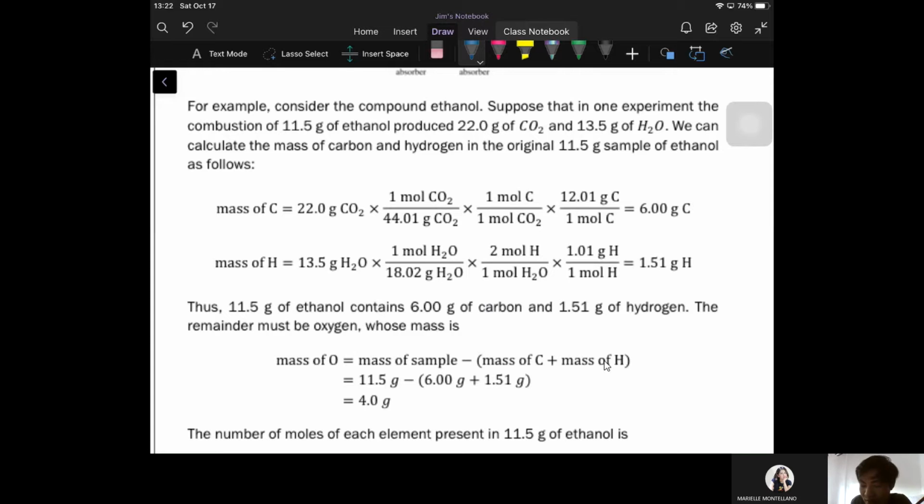Kasi sabi natin, mass ng carbon plus mass ng hydrogen plus mass ng oxygen atom will give you the mass of your compound. So, nire-write lang yung equation na yon to have this equation. Mass oxygen equals mass of sample minus the mass of carbon plus mass of hydrogen. So that means 4 grams yung oxygen sa compound mo.